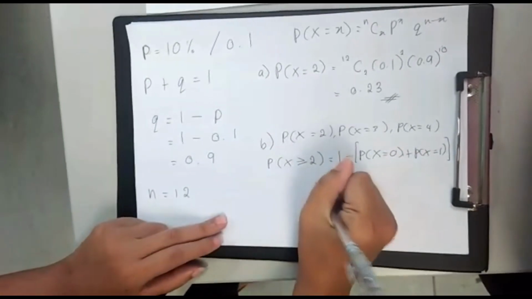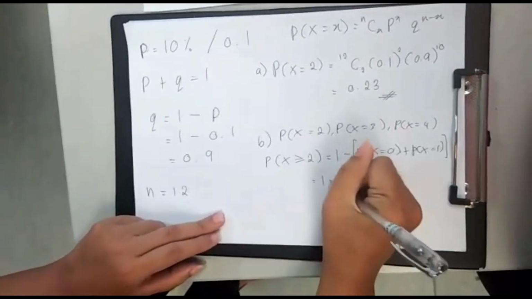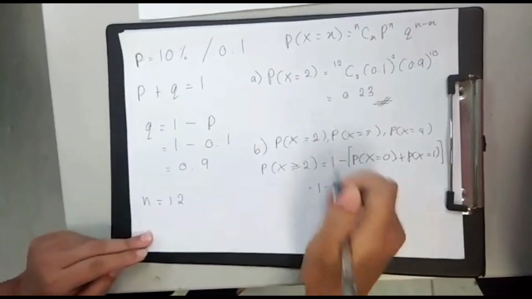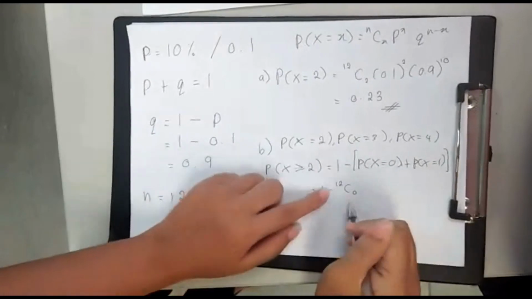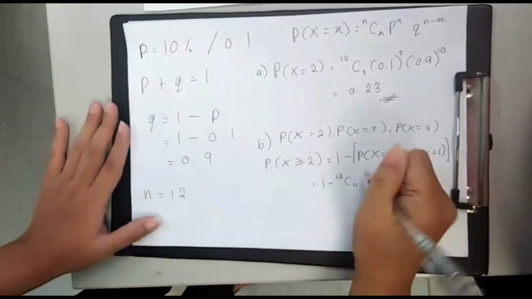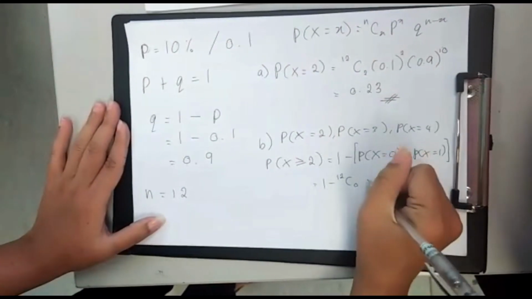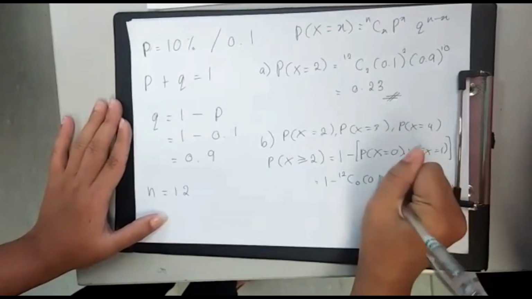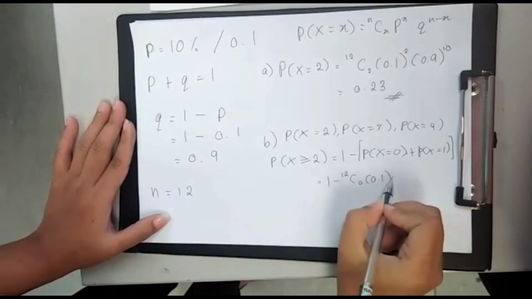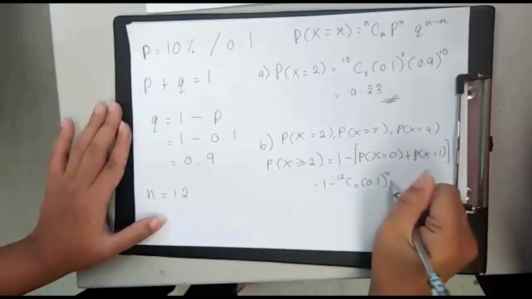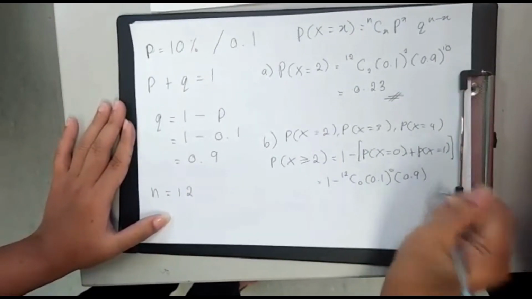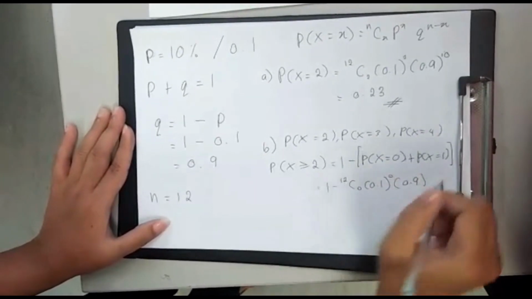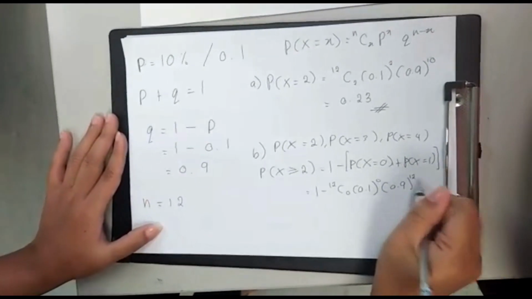Next, we apply our formula. We get 12C0, and the probability of success is 0.1 to the power of x, that is 0, and the probability of failure is 0.9 to the power of n minus x, that is 12.